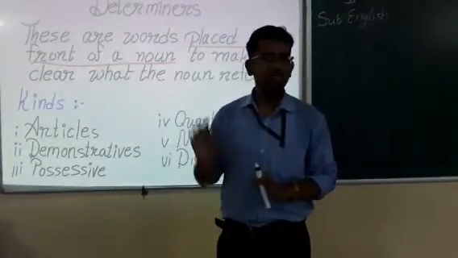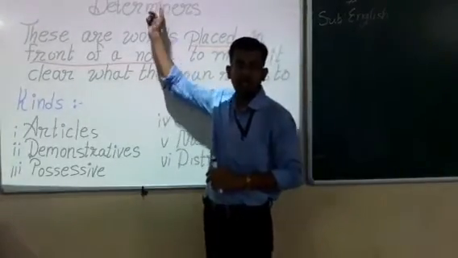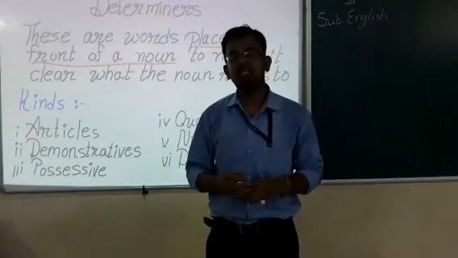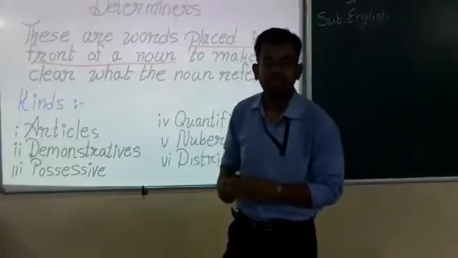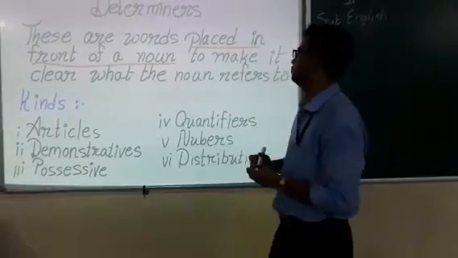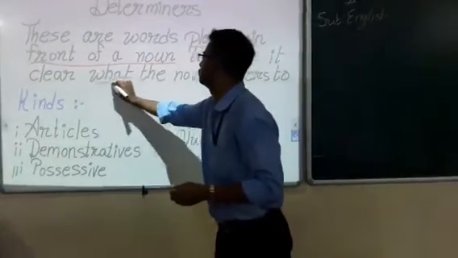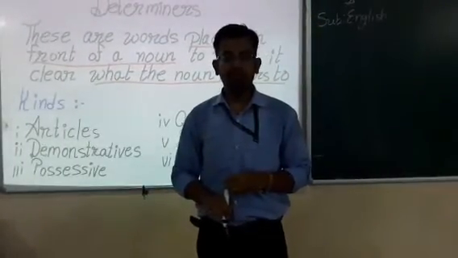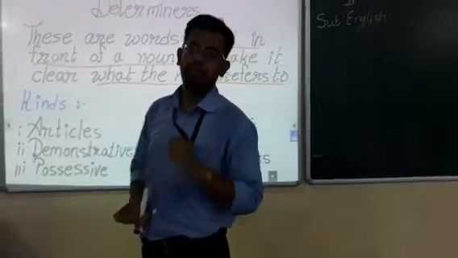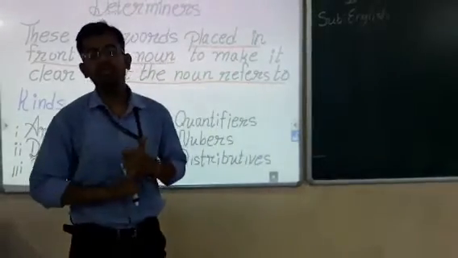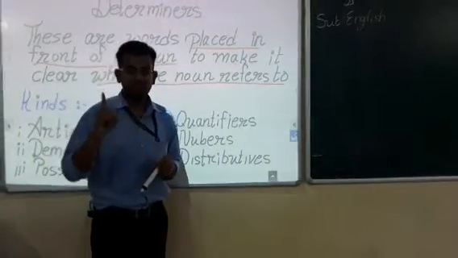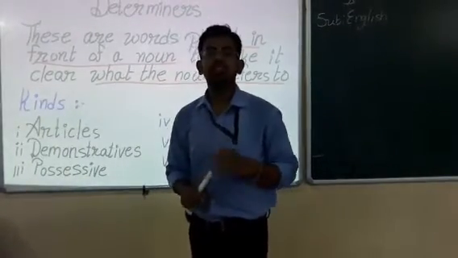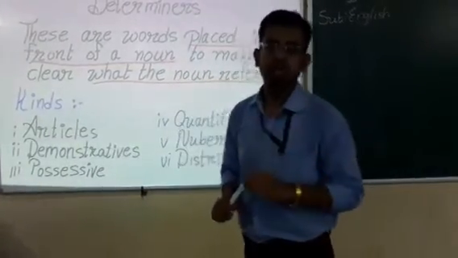So this thing is clear, that determiners always come before the noun, and what is the reason they are there? This we will discuss now. What the noun refers to: this part of the sentence means whether the noun is singular or plural, or countable or uncountable.